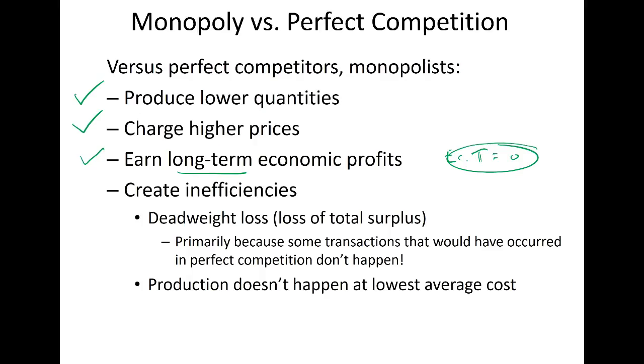So here we've taken a look at this deadweight loss inefficiency. The other inefficiency is something we talked about called productive efficiency, which is if you can produce goods at your lowest average total cost, that's a good thing in production. That's good for consumers because that means you're producing at the lowest cost, and you're probably going to be able to pass that on.